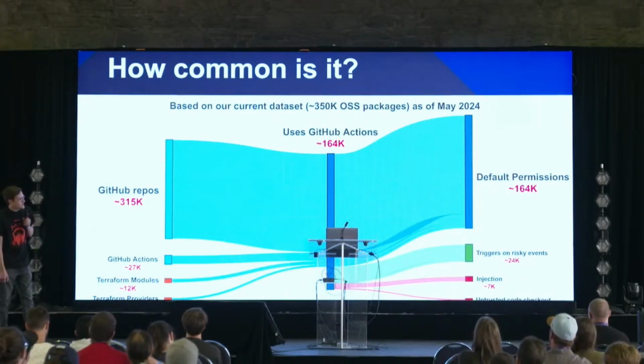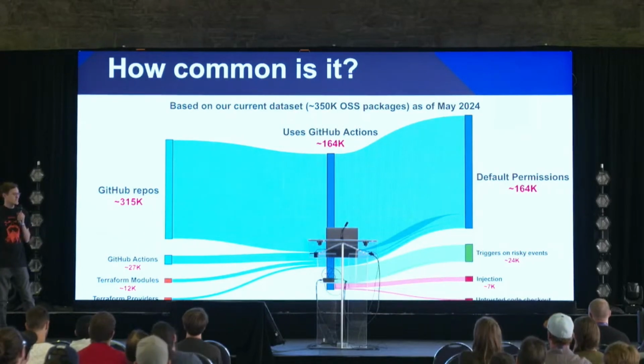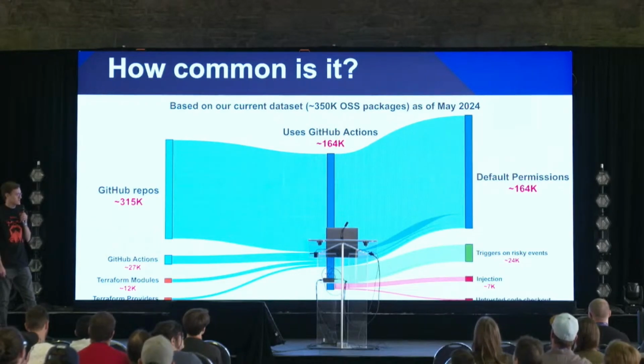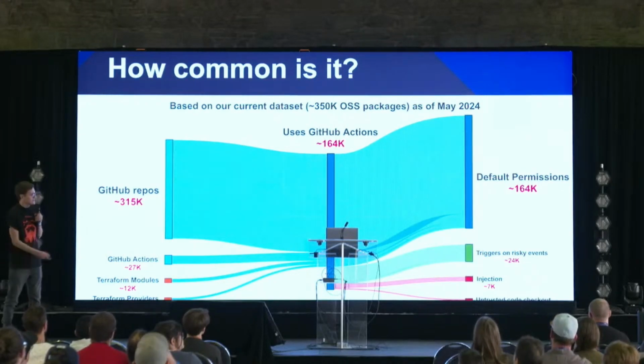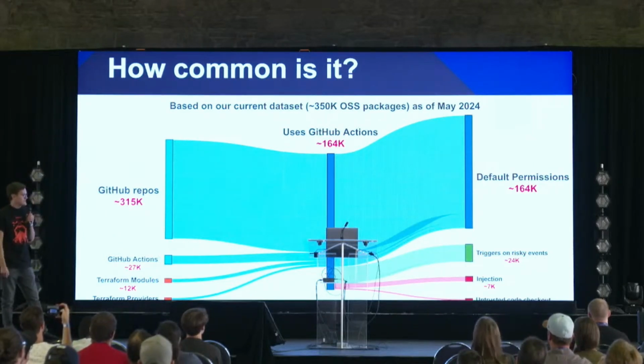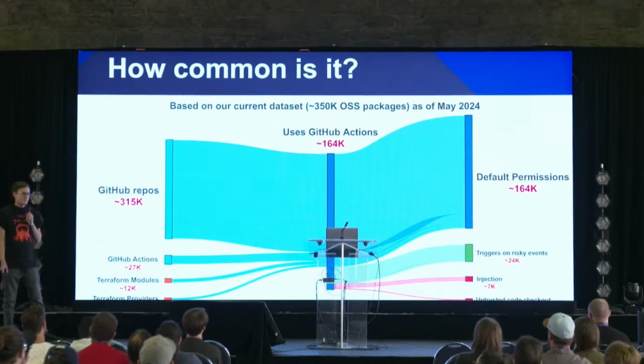We have the trigger on risky events. So this is the pull_request_target event. There are other events we're looking for in these workflows that are commonly misused. And then at the bottom, a bit lower in incidence rates, are the injections and the untrusted code checkout. So once you start putting all of these heuristics together, you get a fairly high signal towards vulnerable open source packages.